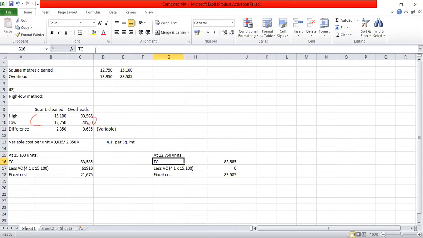At 12,750, the total cost is 73,950. Variable cost at this level is 12,750 into 4.1.